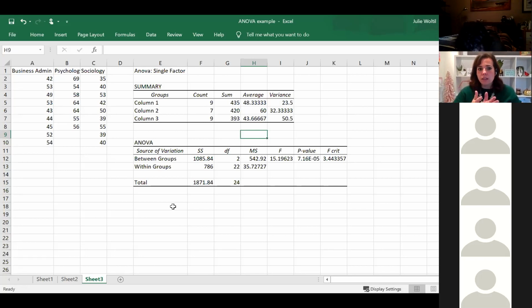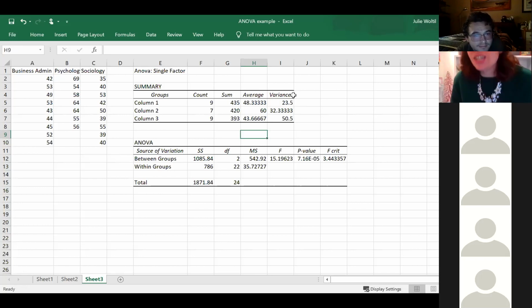The way we do that is by categorizing things, right? I look at my means for each of them, the variance. You don't even need to care. I remember when I was teaching this class last year and I had my students actually calculate this, but since you guys are not in class, we're just gonna Excel it up 1,000%. So you look at the variance, you then come up with the sums of squares between your groups and within your groups.